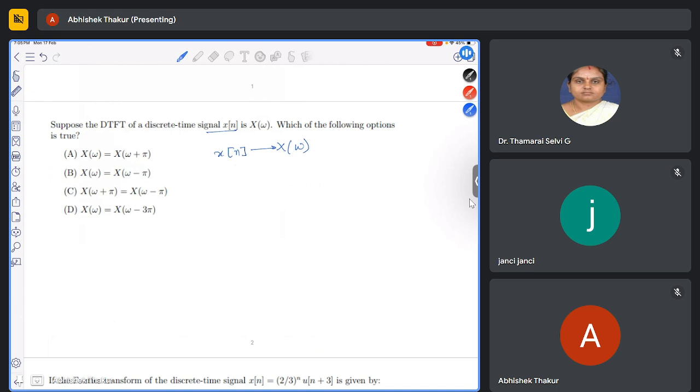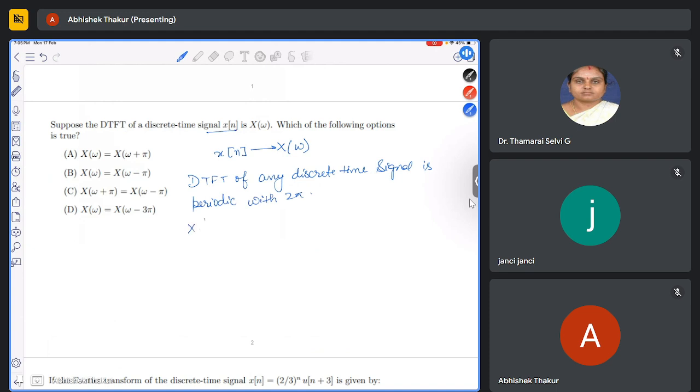As we know the property of the DTFT of any discrete time signal, it is periodic with 2 pi.